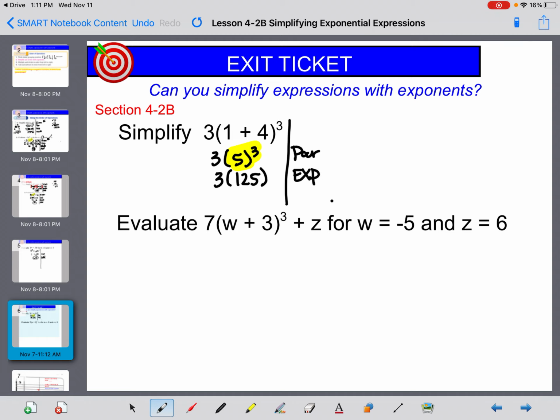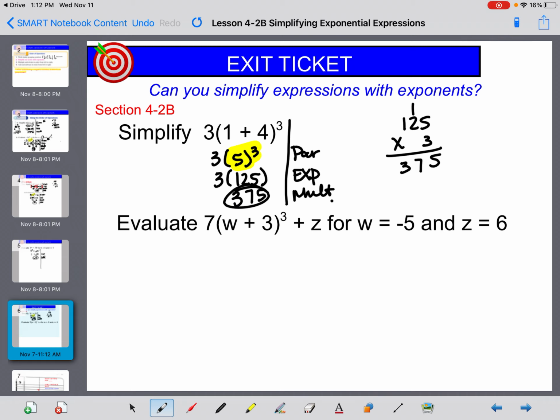Then 3 times 125. If you need to do a side problem, go ahead and do so. So 375, multiplication.